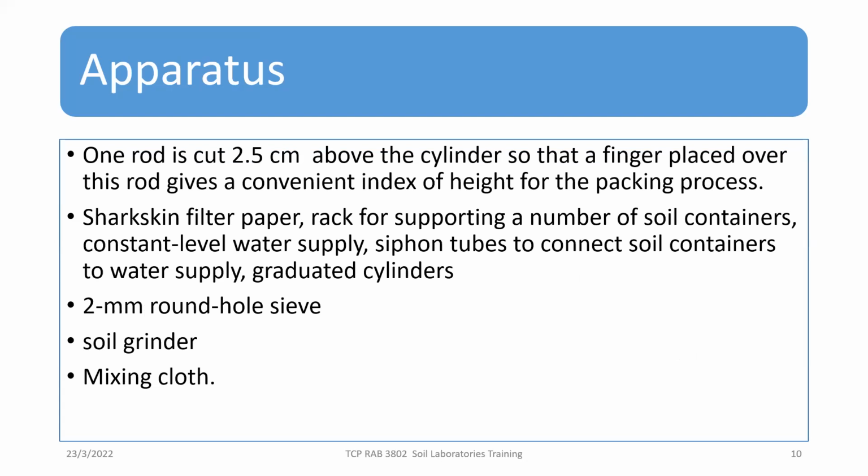As I said, you also have to put a filter paper. You need a rack for supporting a number of soil containers, a constant level water supply, and also a siphon tube to connect the soil container to the water supply. If your system is closed, you have to use siphon tubes.